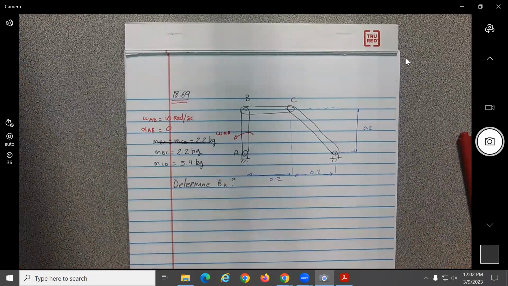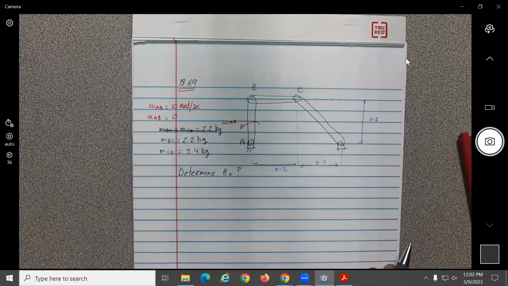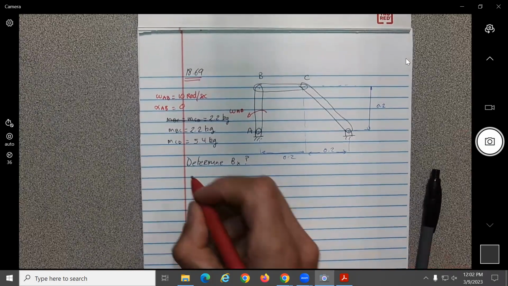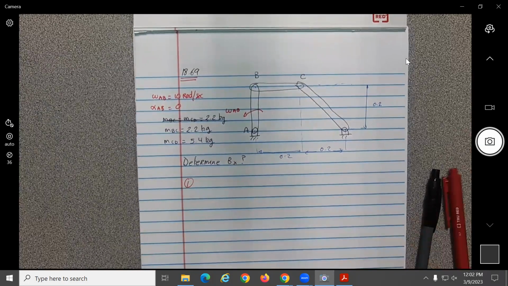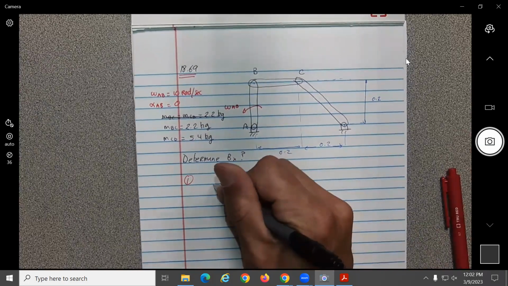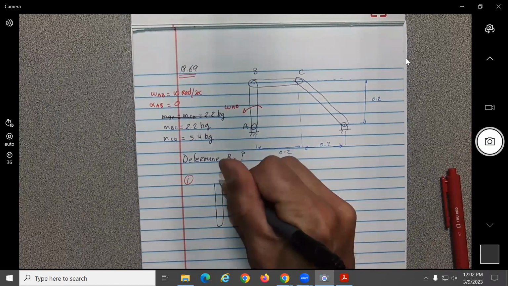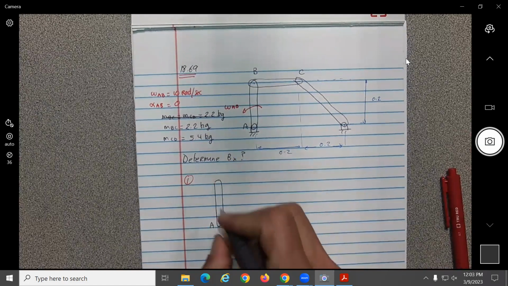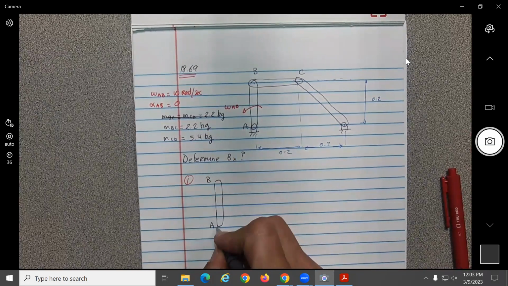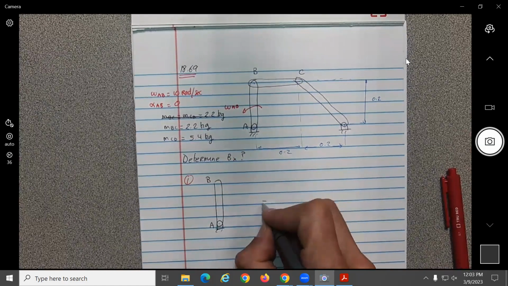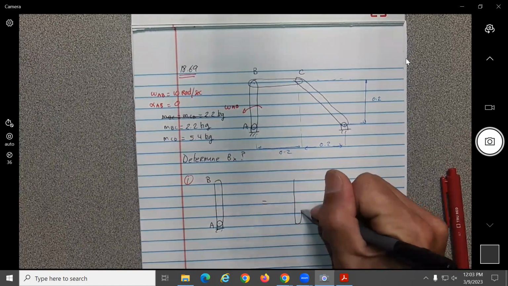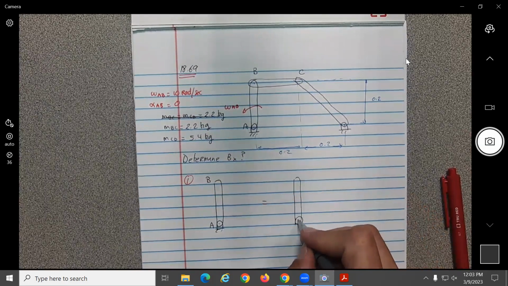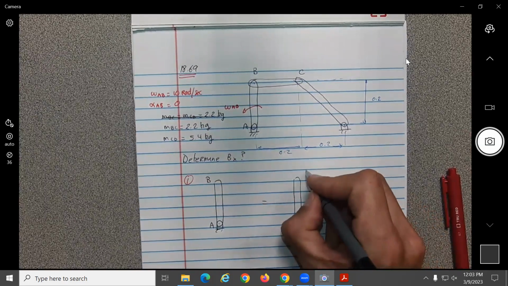One, two, three. All right, so in this problem, how many rigid bodies do you have? Three. So you can do it here. AB, I will keep this one pin equal to this. Then we have here AB.